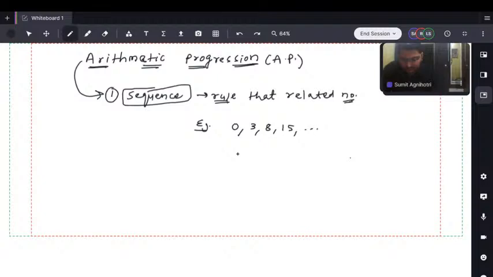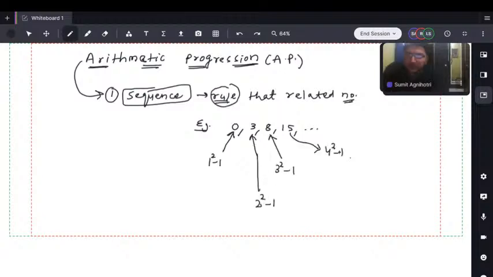In order to find out 3, what you did is 2 square minus 1, like 4 minus 1 is 3. Similarly, in order to find out 8, you considered 3 square minus 1. Here you considered 4 square minus 1. Now the rule is quite clear. It is going to be n square minus 1.